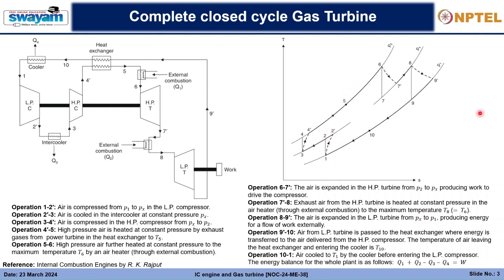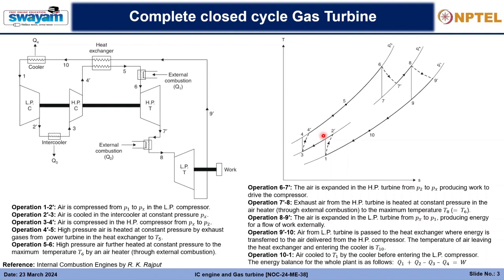As you can see, the pressure lines are diverging towards the right side. So the same pressure difference, if we can get it towards the left side, the temperature difference would be less, and accordingly the work input that we need to give would be less. But we have a fixed inlet temperature condition, so we cannot change that.